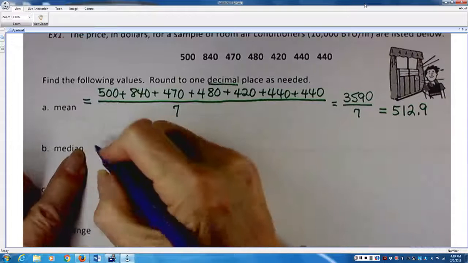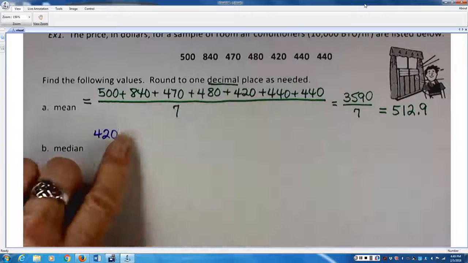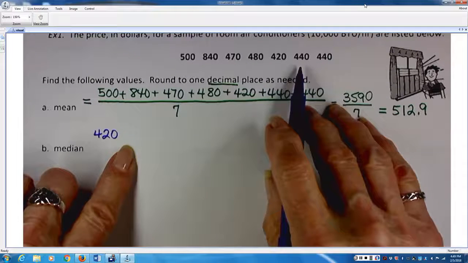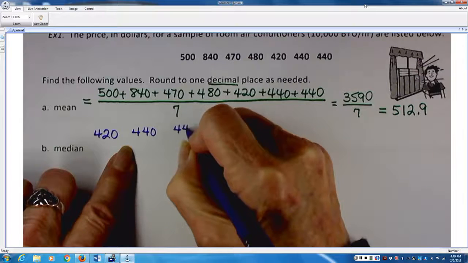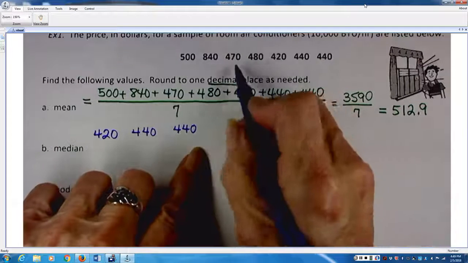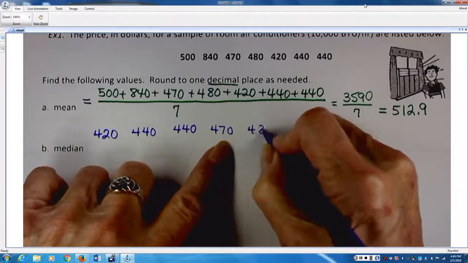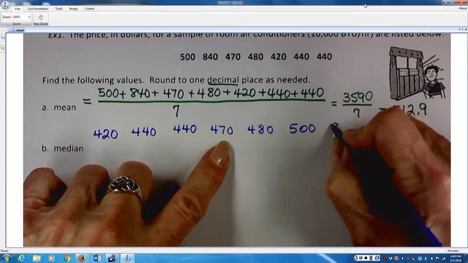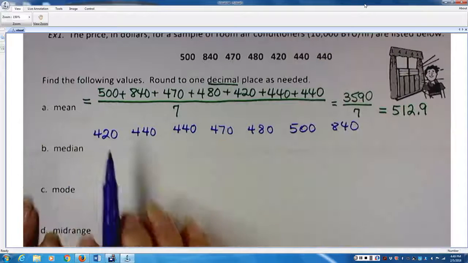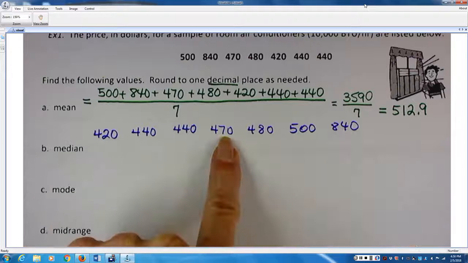The smallest number is 420, followed by 440 twice, then 470, then 480, then 500, and then 840. So there's 1, 2, 3, 4, 5, 6, 7 data values, and I think you can see that the middle one is 470.